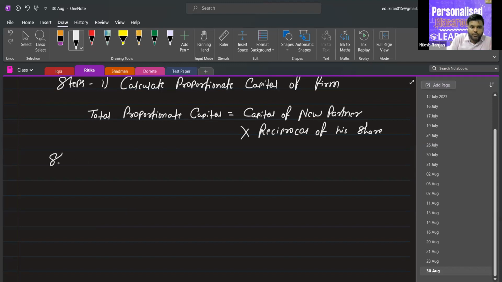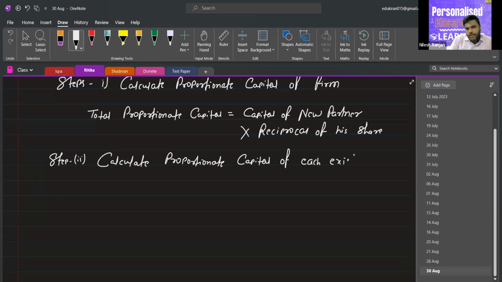Now, step 2. After this, we will calculate the proportionate capital of each existing partner.